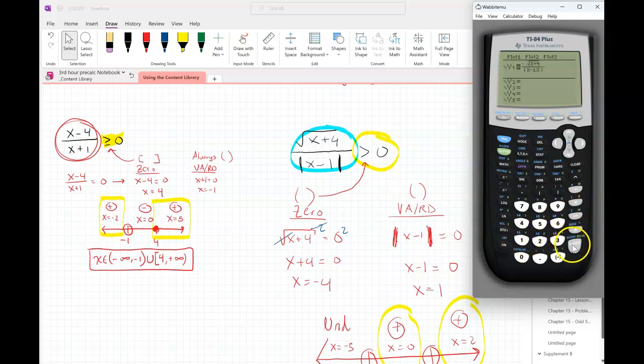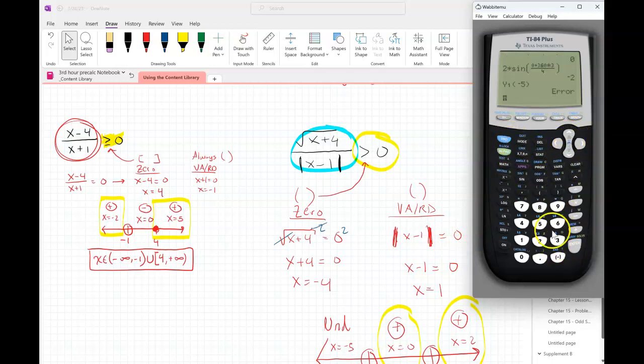I think there's probably an absolute value one or two in the homework, so if you wanted to do this in your calculator, it's good to know where that's at. I'll exit out of there. I'll go vars, y-vars, function y1, just like we did in the polynomial chapter. And then I can just plug in y1 of -5. There's my error. That's okay. That just tells me it's undefined.